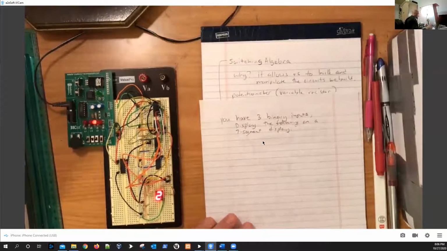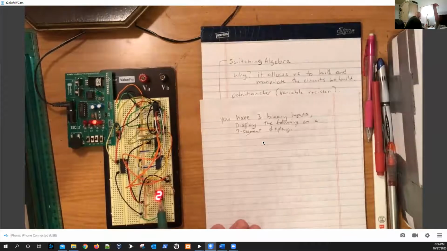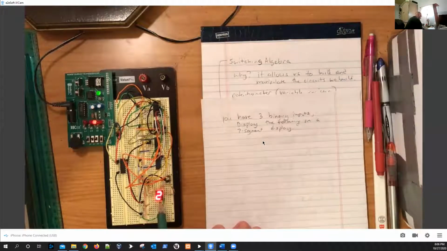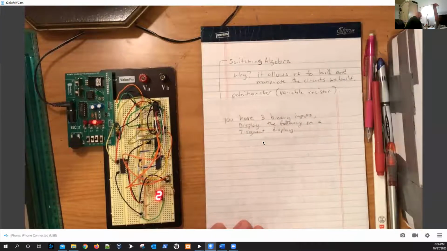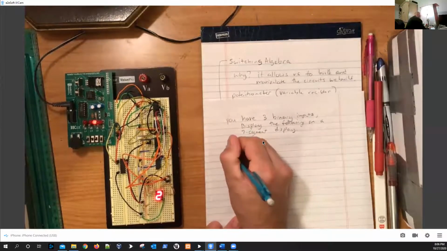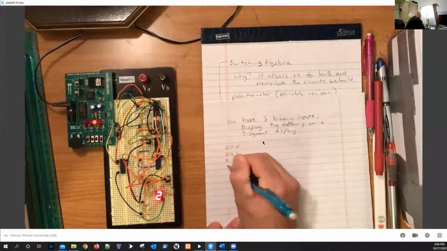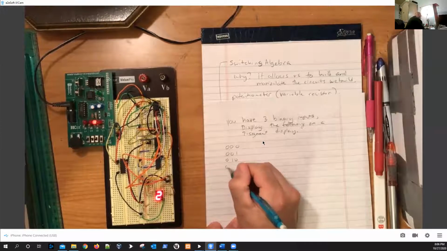What is a 7-segment display? What's this right here? The light's kind of washing out, so it's hard to tell, but I always tell students when we're in the classroom, turn around and look at the clock. That's a 7-segment display. And the reason there are 7 segments: 1, 2, 3, 4, 5, 6, 7. So we're going to write every combination of 3 binary inputs.